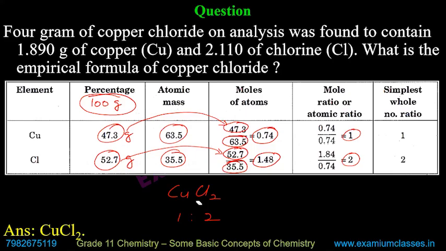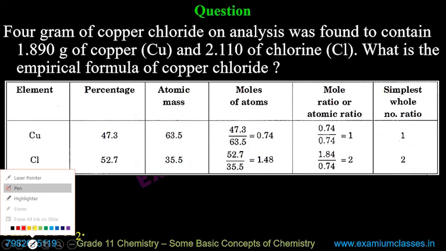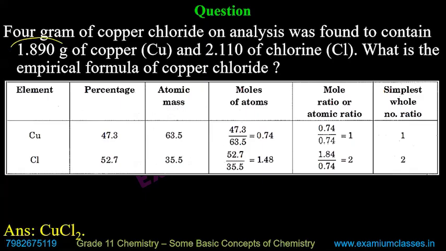Now, I said that even if you don't calculate the percentages, you will get the correct answer. In that case, your approach will be: whatever mass is given, you calculate moles from those. So, for example, for copper, moles will be given mass divided by atomic mass.